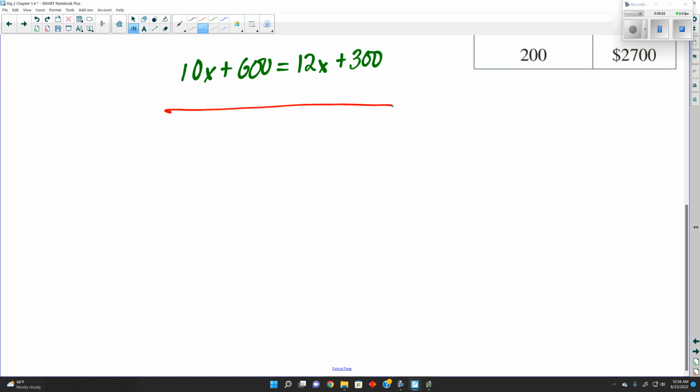So if we're solving this for the value of x, what would we need to do first? We can subtract 10x, yes. Which will tell us here, these cancel, telling us that 600 is equal to, well, 12 minus 10 is, so we have 2x plus 300.